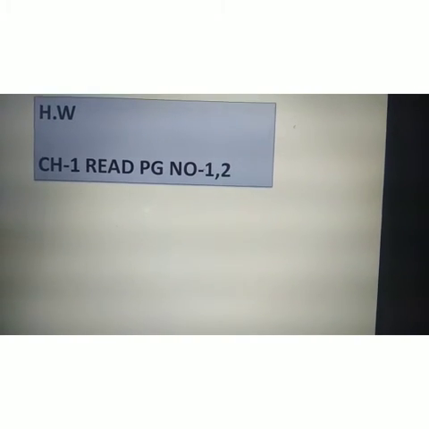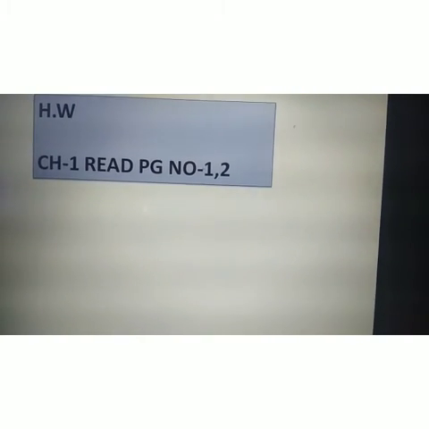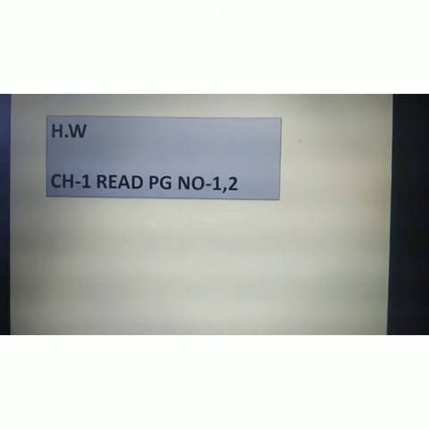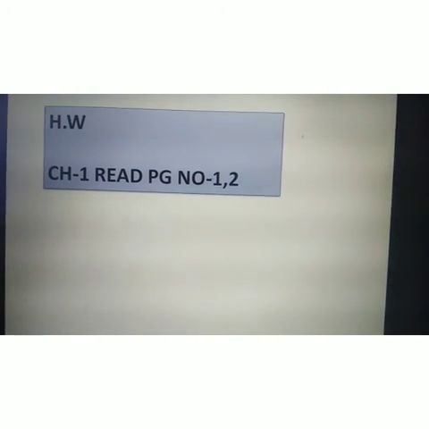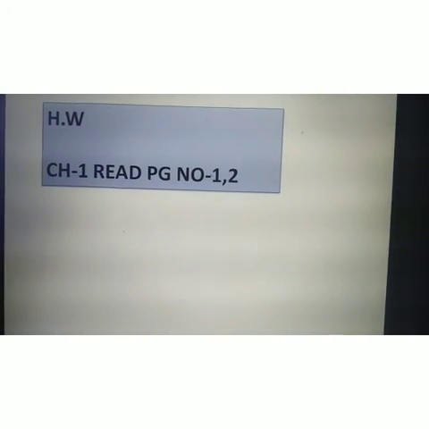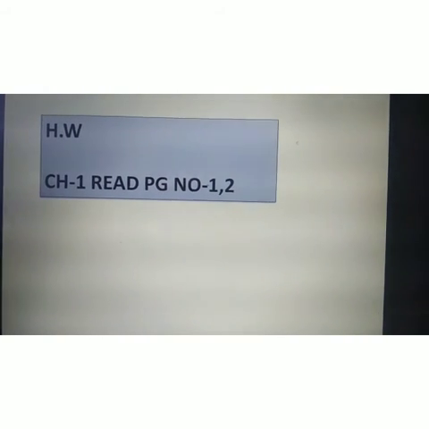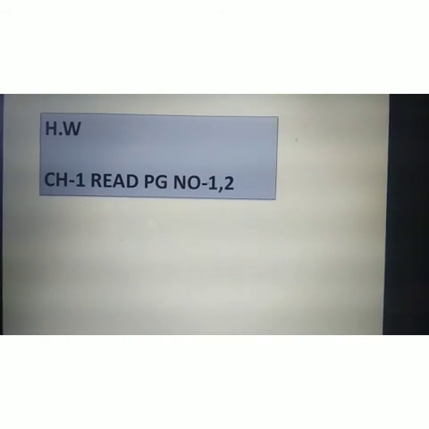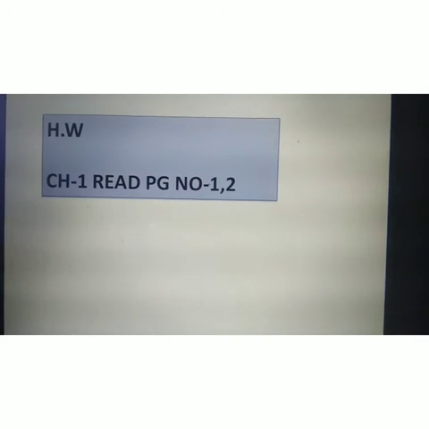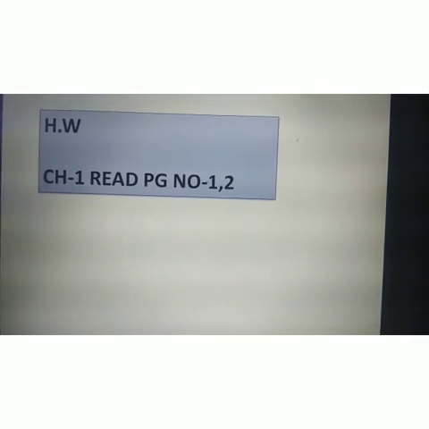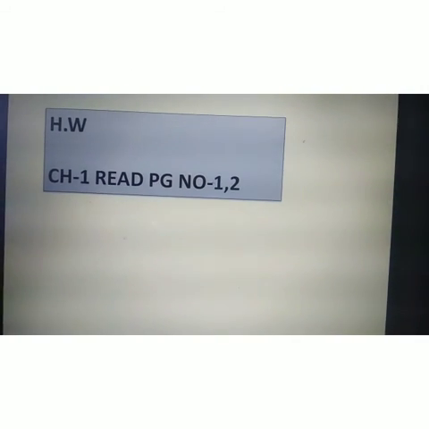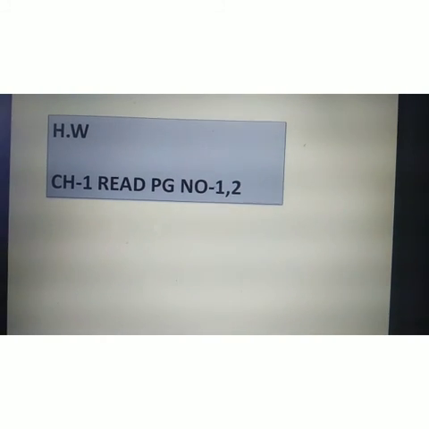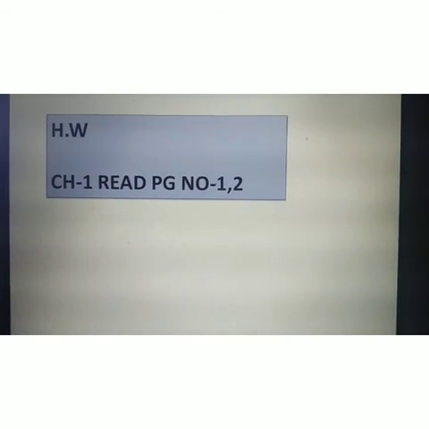Also draw the diagram of a small computer network in your notebook, which we already discussed in our class. It is in your chapter number one, Network Basics. So read page number 1 and 2 properly.